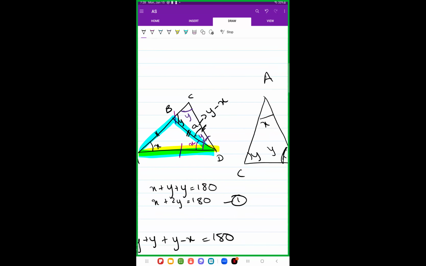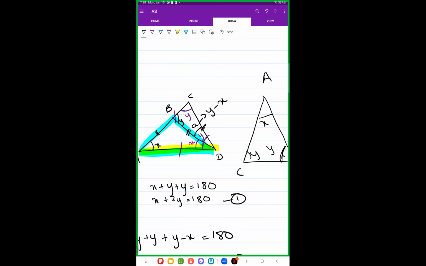But A is a part of the big triangle. But the whole is y, right? The whole entire thing is y. You're not even including the second x, because it's a part of y, so you don't need to include it. It's just y.